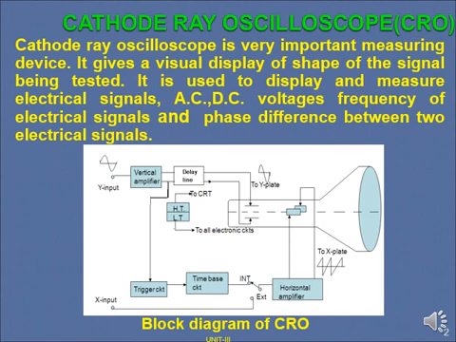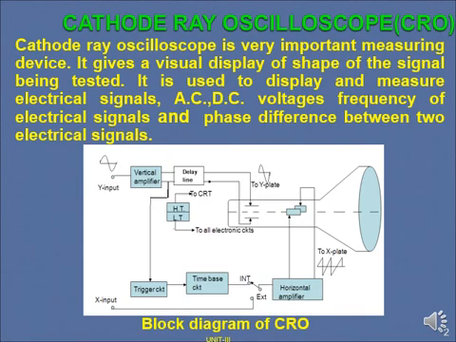It gives a visual display of the shape of the signal being tested. It is used to display and measure electrical signals, AC/DC voltages, frequency of electrical signal, and phase difference between two electrical signals. This is the block diagram of CRO.